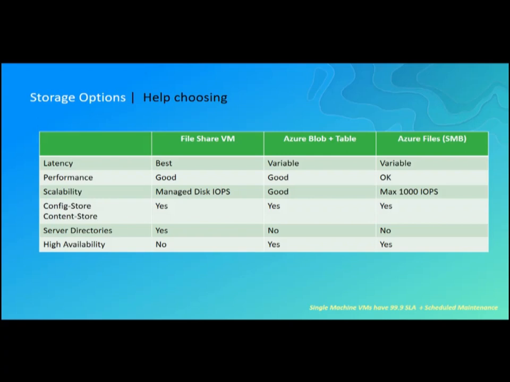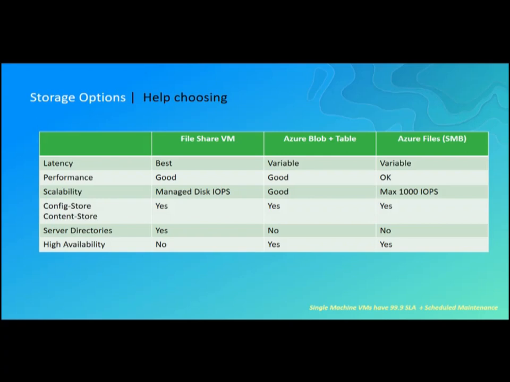So the caveat with the file share VM is high availability. Because it is a single machine, you have to take into consideration that it is a single point of failure. But I like to caveat that by saying that Microsoft provides a single machine SLA of three nines, or 99.9%, even for single machine VMs that are not in an availability set.